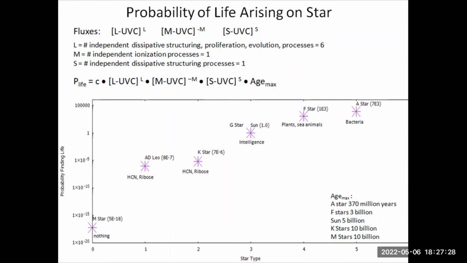For example, they know that these red type stars have a lot of outbursts. That means that all of a sudden they can become very hot and emit, at least in regions of the star, ultraviolet light in the UVC range. But they're only for brief periods and they're not continuous. So according to us, it would be very unlikely to find life like we know it on those stars.